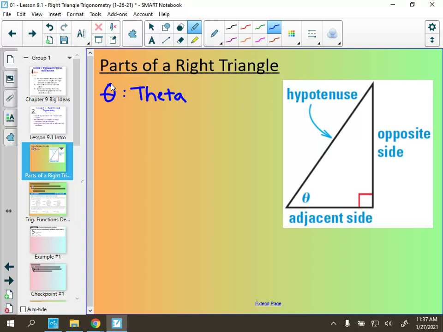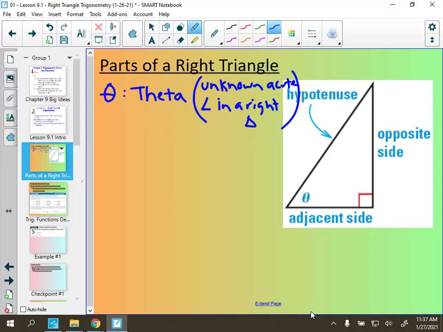It's almost exclusively used in math, specifically trigonometry, to represent an unknown acute angle in a right triangle. I guess it wouldn't necessarily always have to be a right triangle, but just an unknown angle. A lot of times we'll mainly see it as an acute angle, but it's essentially an x. It's an unknown angle measure.